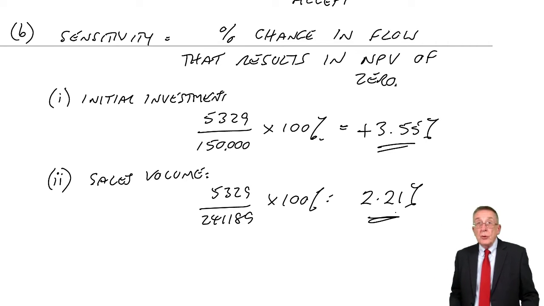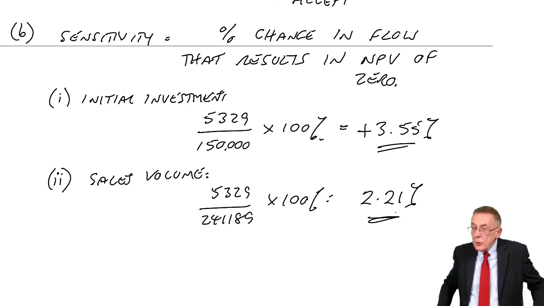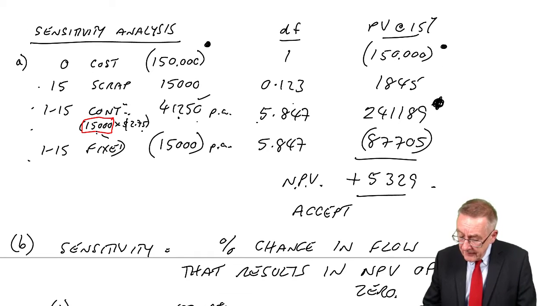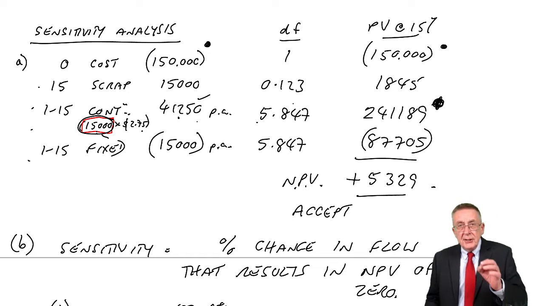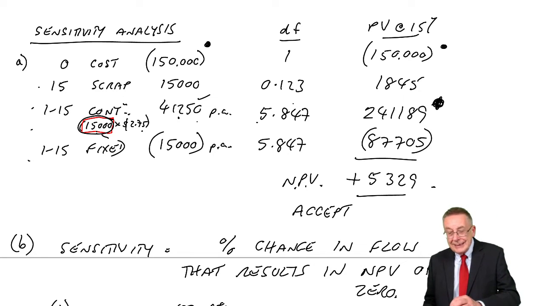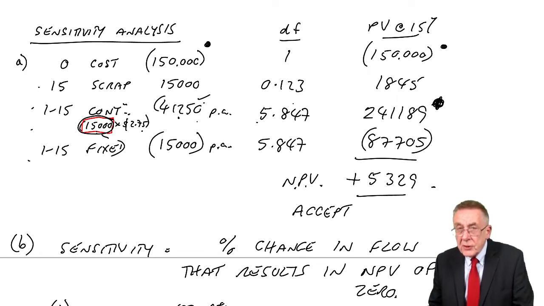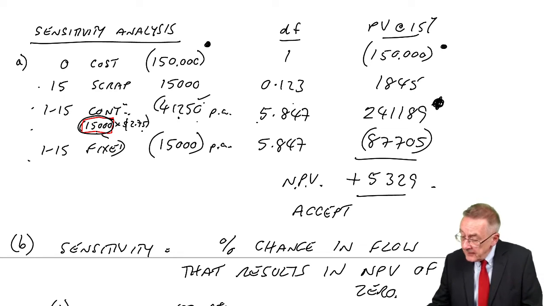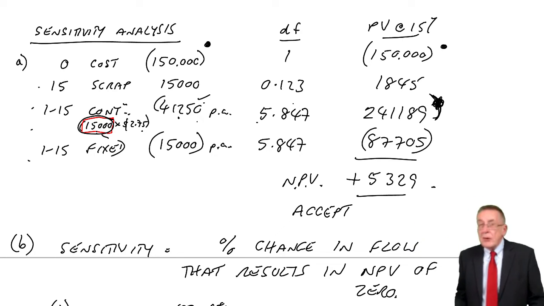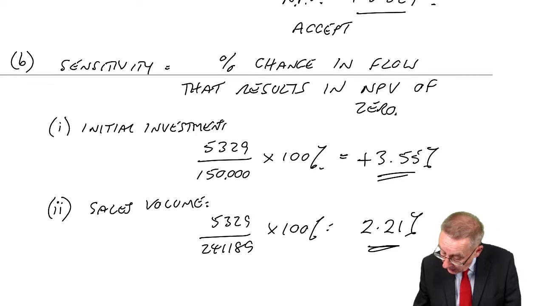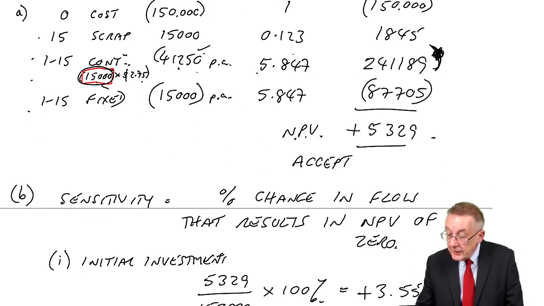Now I'm about to give you the rule, but it's awful to learn a rule without understanding. Think it through. If the volume fell by 2%, contribution per year would fall by 2.whatever%. And if the contribution per year fell by 2%, the present value would fall by 2%. And 2.21% of it is 5329.